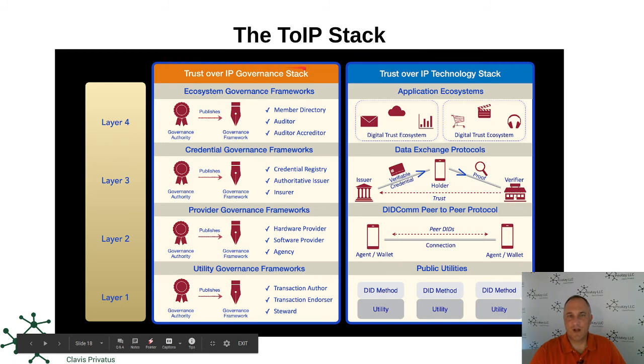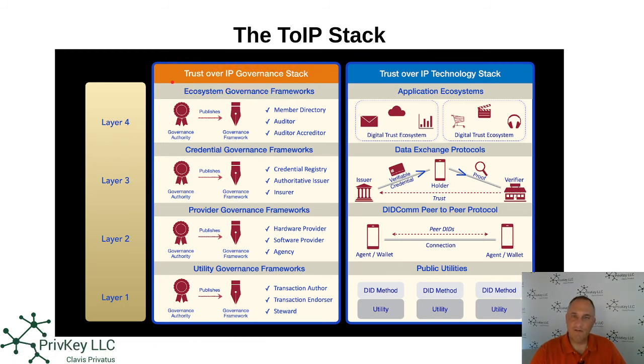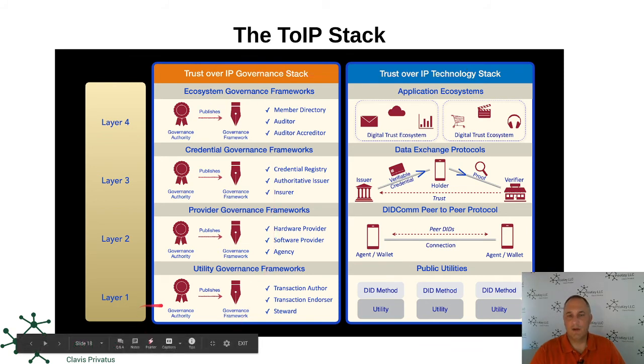You have a Trust over IP governance stack, which is the actual governance of the stack. And then there's the Trust over IP technology stack. So the technology and the governance. Layer 1, in the case of the technology, you have your public utilities. These are your blockchains.